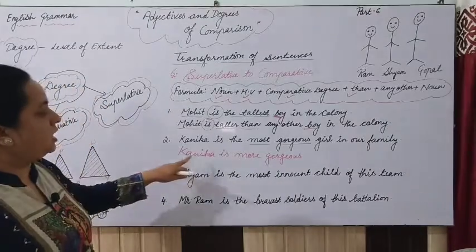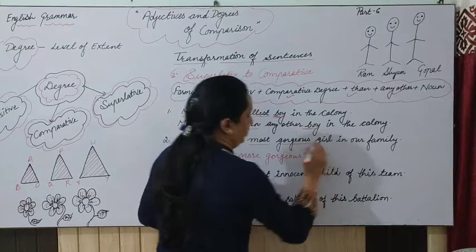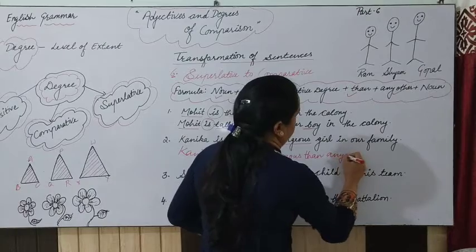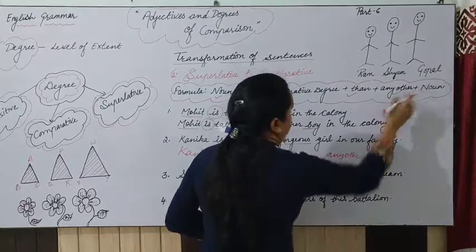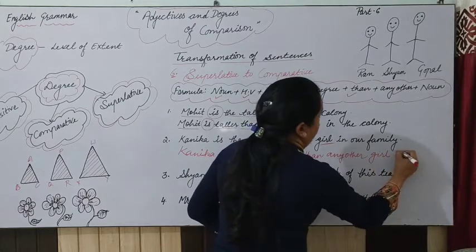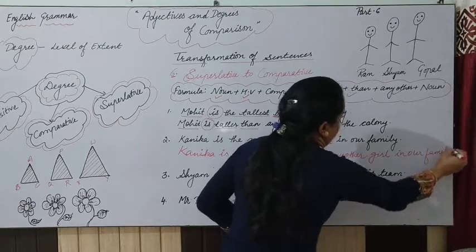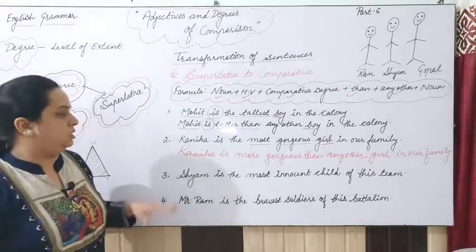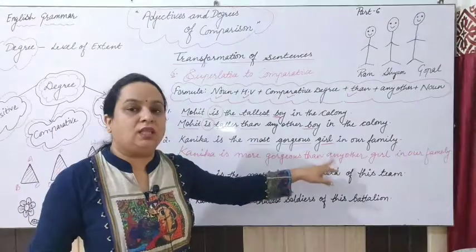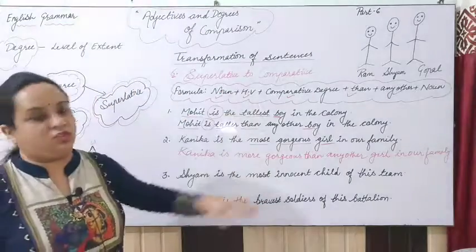Kanika is more gorgeous than any other, then we have to use the noun, so the noun is girl. Then the rest of the sentence, in our family, we use to complete the sentence. So the answer is: Kanika is more gorgeous than any other girl in our family. Got it? According to the formula we have changed it.